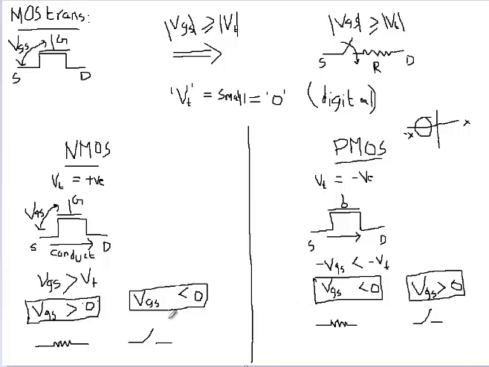These are the two conditions that we will always be using in our further videos. You have to just remember that VT is positive for an NMOS and the gate to source voltage should be greater than 0 for an NMOS to work. Basically in the digital world it should be logic 1, and for a PMOS the gate to source voltage should be less than 0 for the PMOS to conduct.